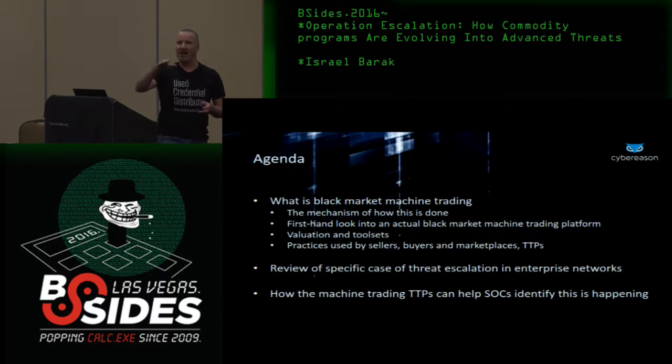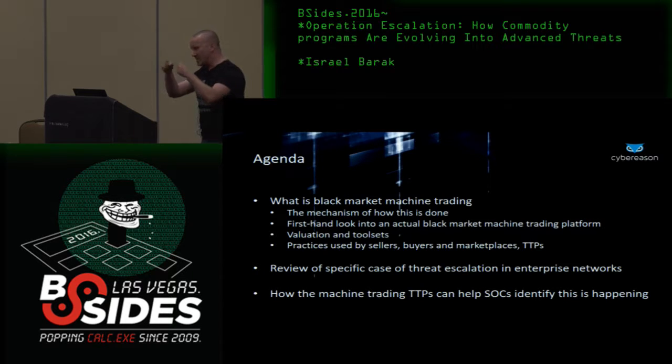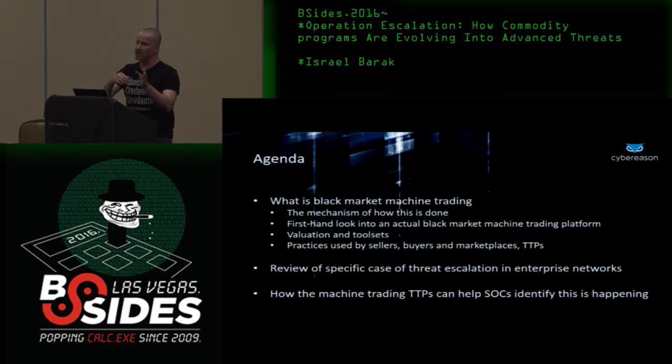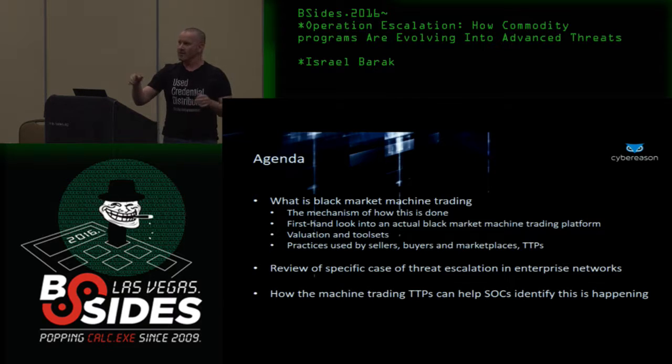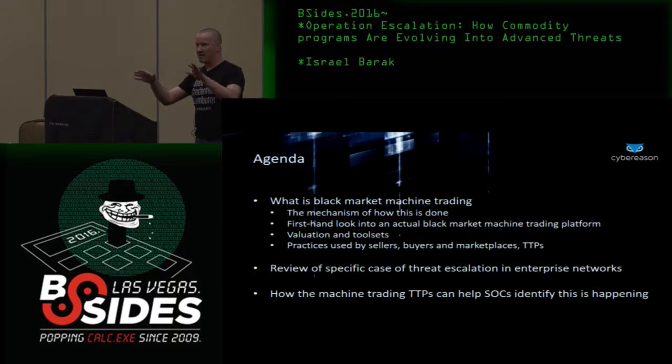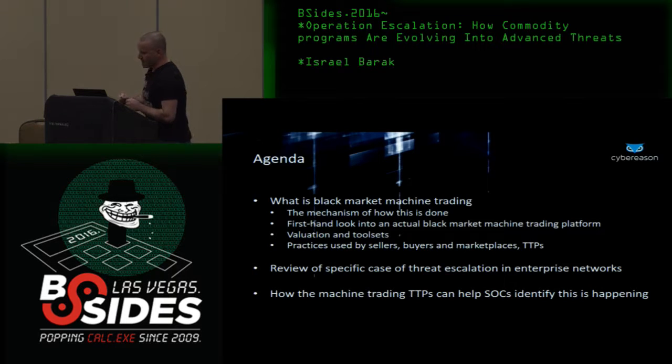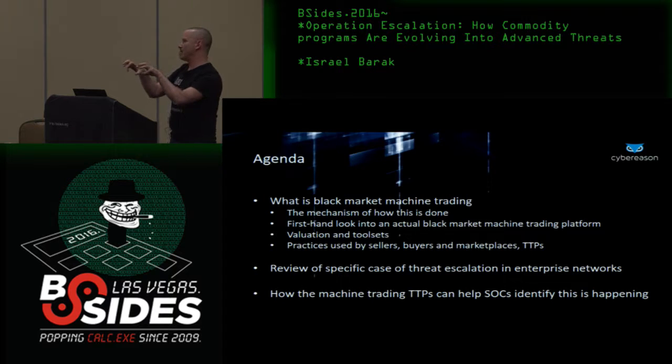How do sellers evaluate machines, and as a result, what are the characteristics of what they do when they offer machines for sale? We'll see what kind of tool sets these marketplaces offer sellers and buyers as they transact, and some of the tools, techniques, and practices common to this triangle of sellers, marketplaces, and buyers.